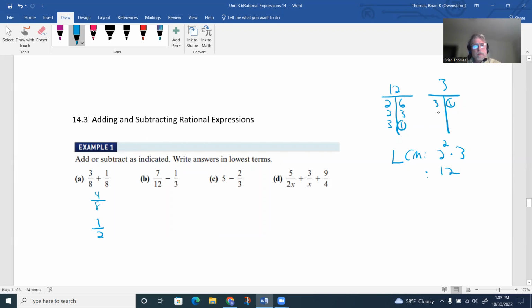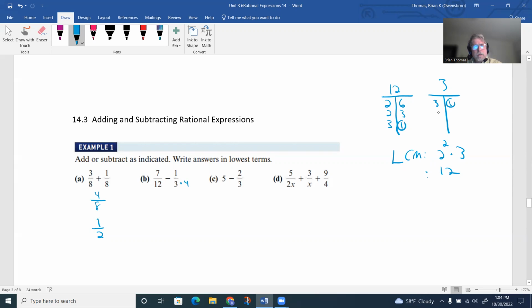So if you look at this problem, 7/12 take away 1/3. Remember, to rename fractions, you're allowed to multiply the numerator and denominator by the same thing. Well, the 7/12 already has a 12, but notice how I got to change that 3 to a 12. And so notice I already have a 3 there, but I still need 2 2's. In other words, I got to multiply by 4.